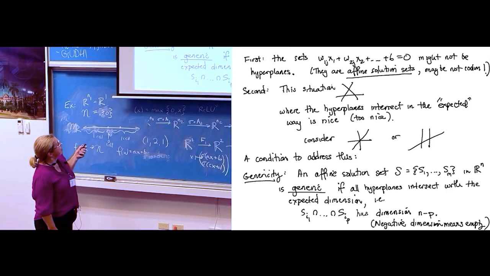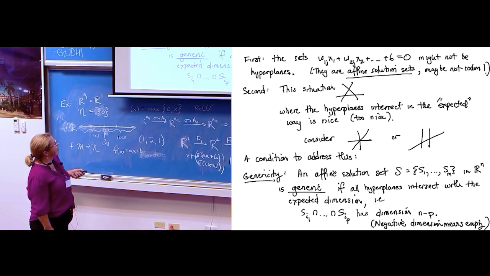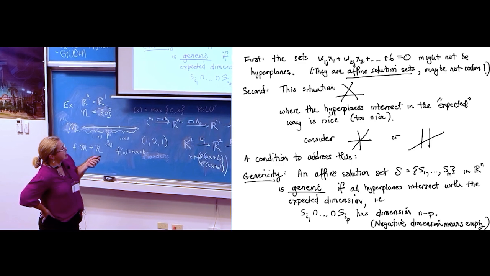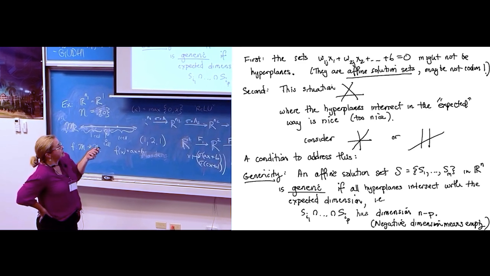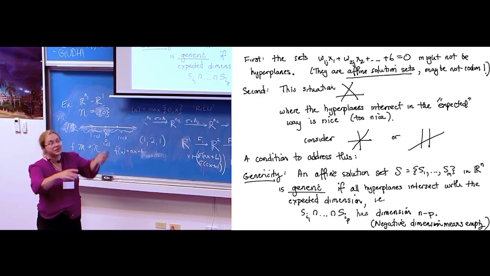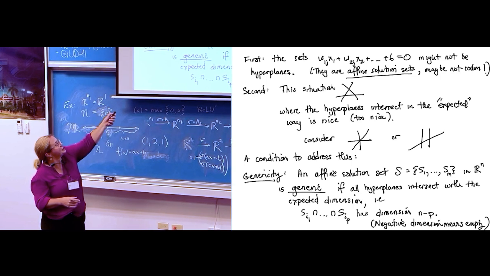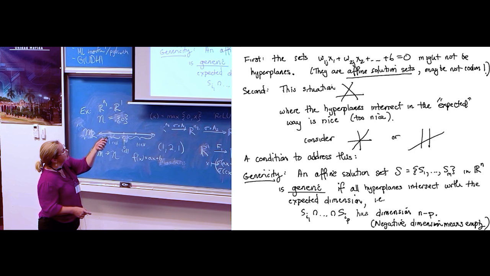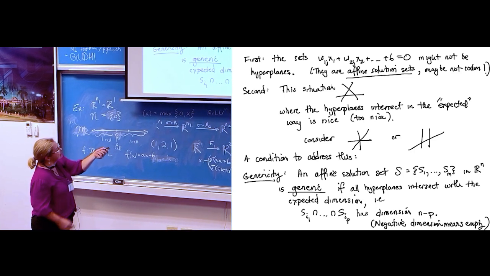The first word is genericity. So, definition: an affine solution set. Here it's just the solutions to all these equations. Each one of these equations gives you one set.